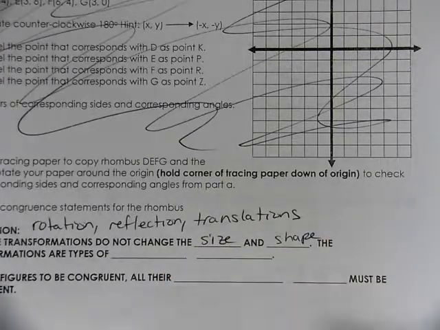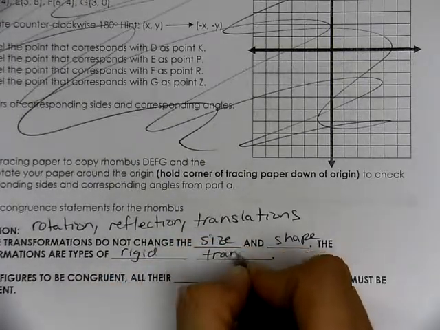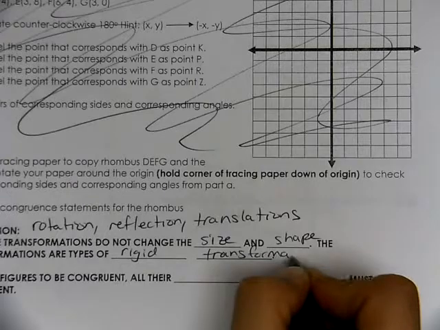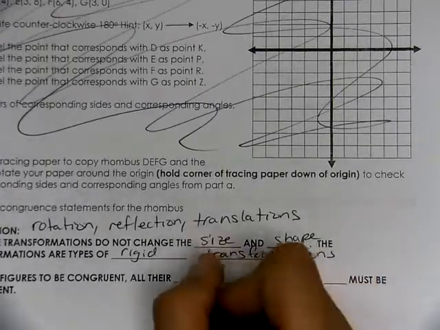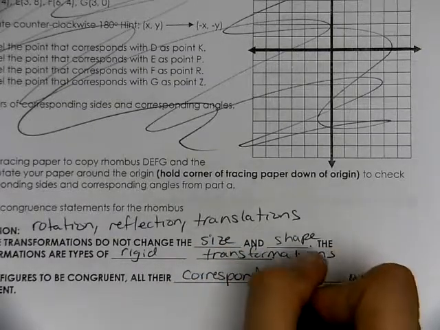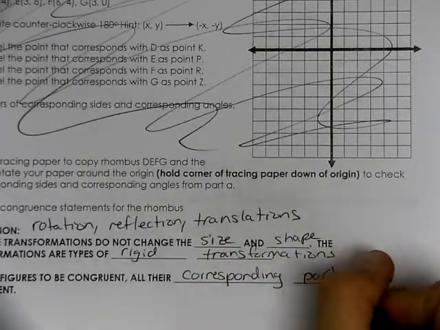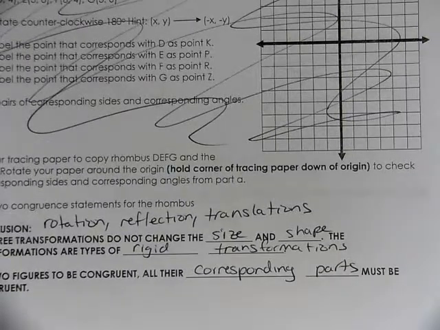And in order for 2 figures to be congruent, all their corresponding parts must be congruent. Okay?